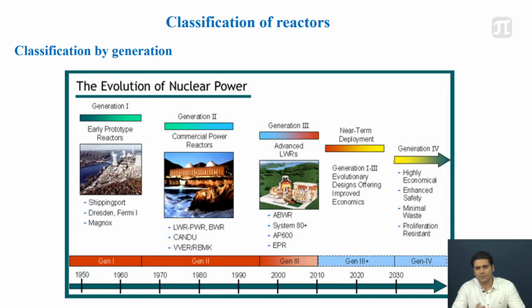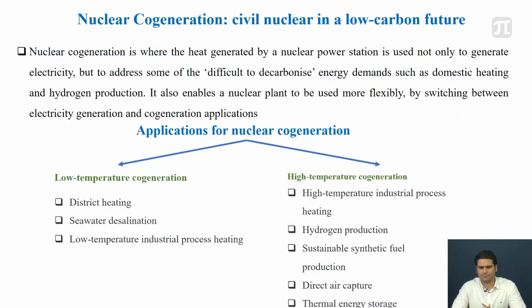So fourth generation reactors can provide a unique opportunity for nuclear hydrogen production. In this lecture, we are going to talk about both fourth generation and third generation, and I will tell you how we can produce hydrogen using third generation or fourth generation reactors.